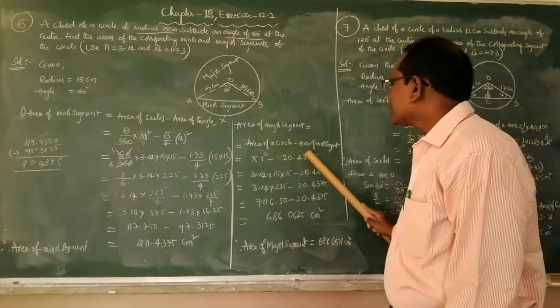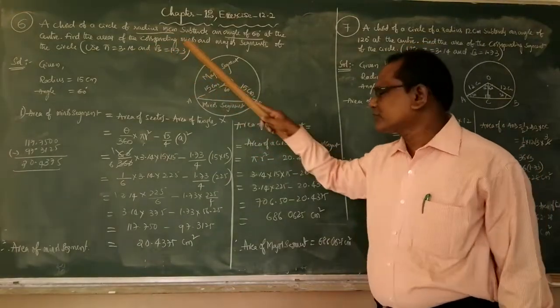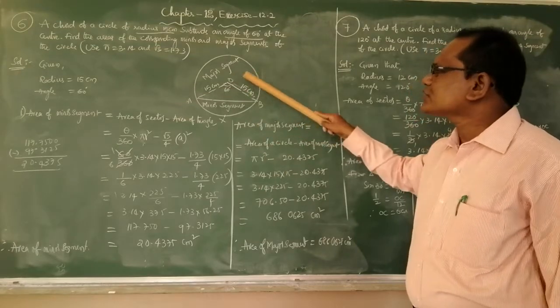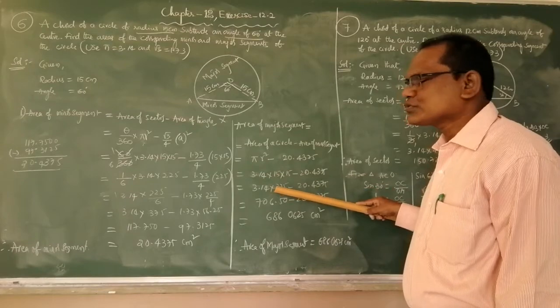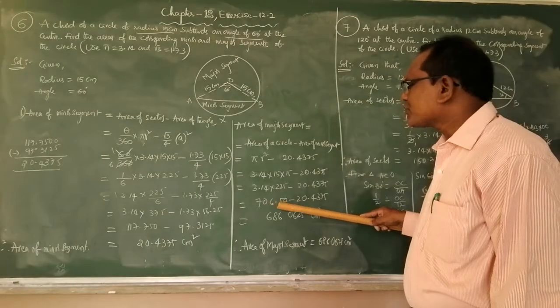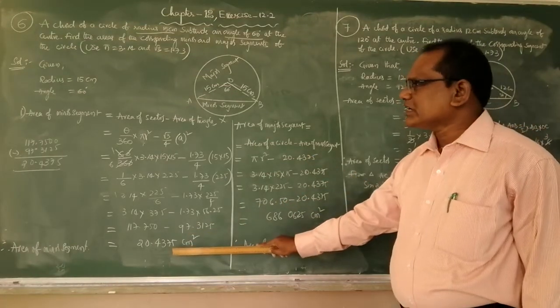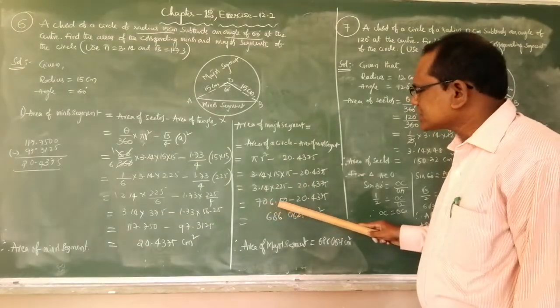Area of minor segment is 20.4375. Pi is 3.14 and r is 15, so 15 into 15 is 225, and 225 into 3.14 is 706.50.